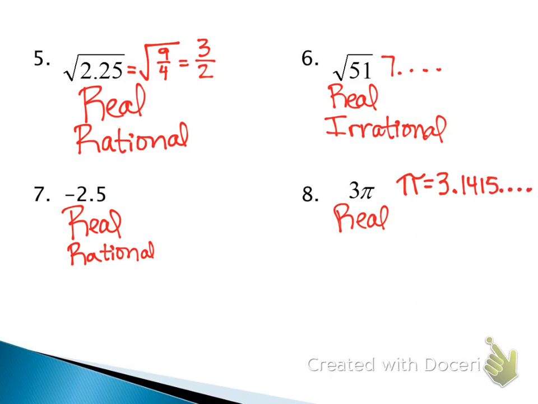It keeps going. So 3.1415, I think the next one's 26, but it just keeps on going forever and ever. So, knowing that, Jamal, do we think this is rational or irrational? Irrational. The decimal never ends. Any number that has pi is going to be irrational.